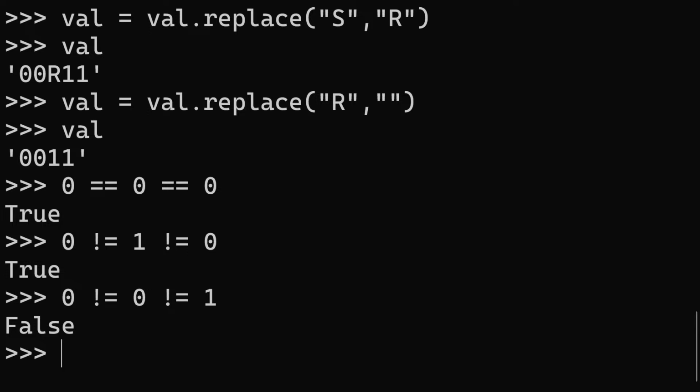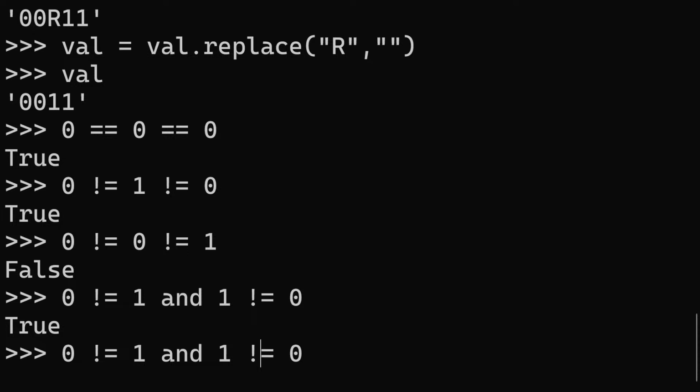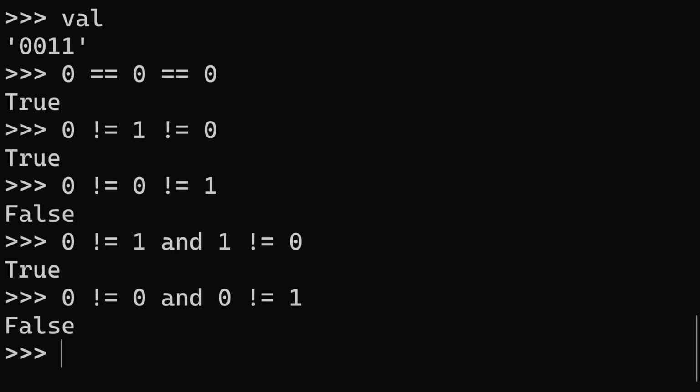But essentially what this is doing is logically equivalent to this. Which, to me, makes no sense. So that's what you get when you don't have enough linguists on your team.